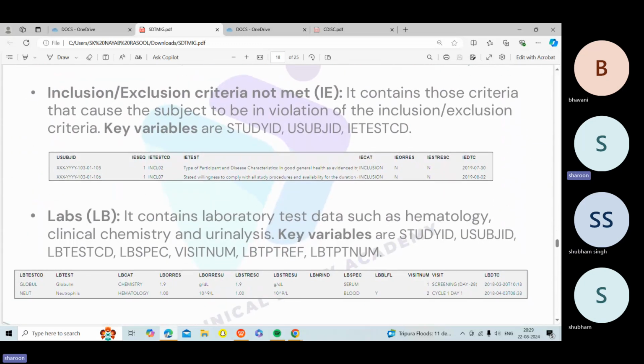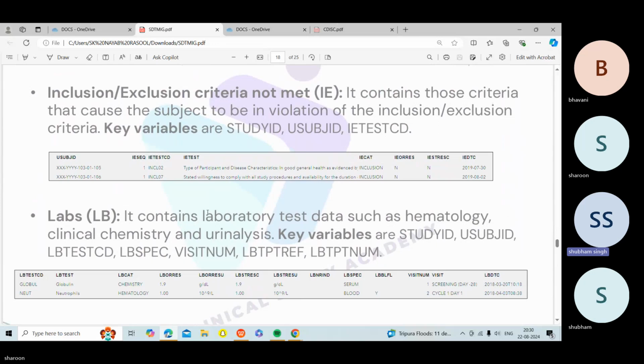Inclusion or exclusion criteria not met. It contains those criteria that cause the subject to be in violation of the inclusion or exclusion criteria. Key variables are study ID, subject ID, IETESTCD. So guys, in this data set, inclusion, exclusion, IE, by the name itself you can understand what data it is going to include.